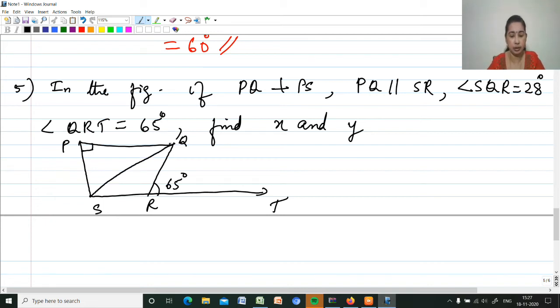Then this angle is 28 and this angle is X. Here it is Y. So we have to find what is X and Y.